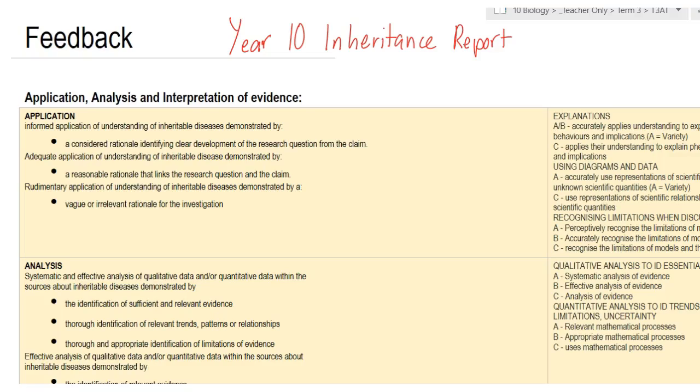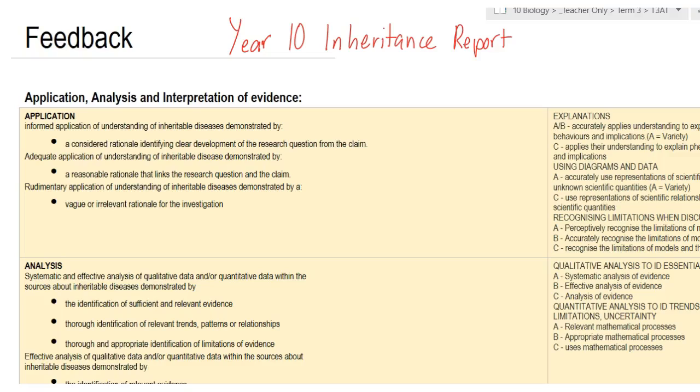And also from evidence that you've derived yourself from the data I've given you. So the pedigree, the Punnett square analysis, deciding whether or not there's a large chance that these people will have a child that has this disability.